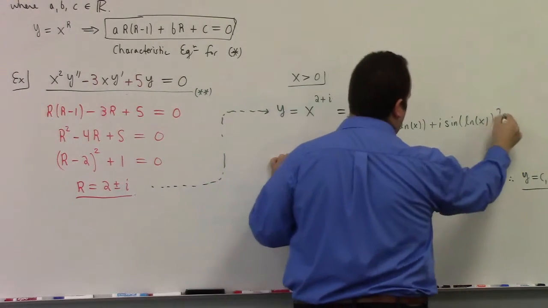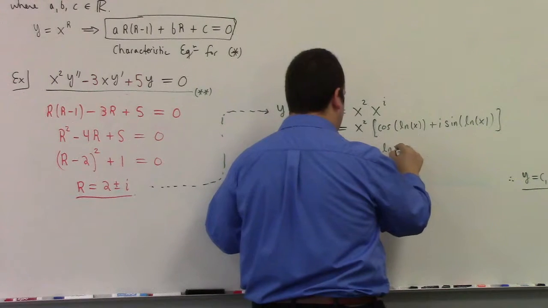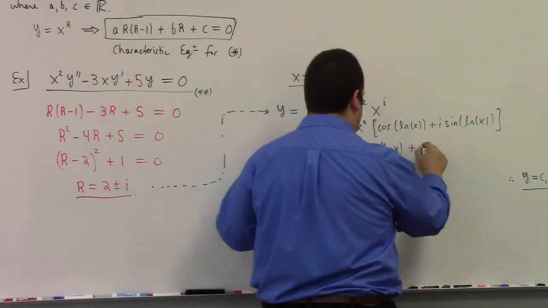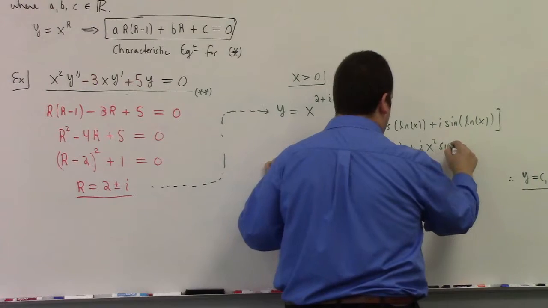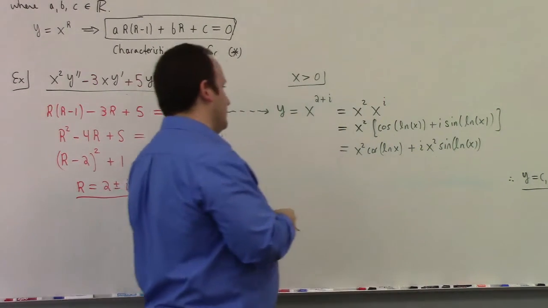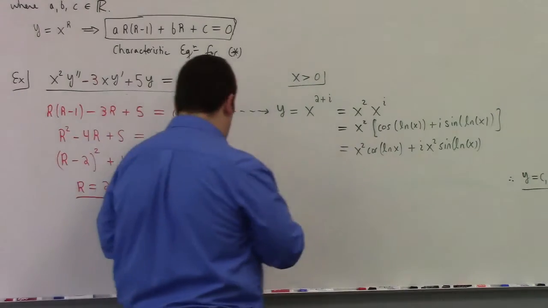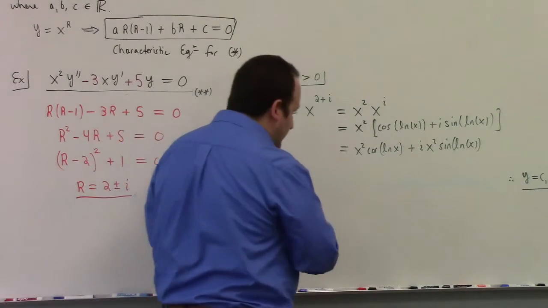So basically, we're left with something like x squared cosine log x plus i x squared sine log x. And so we've got a complex solution.